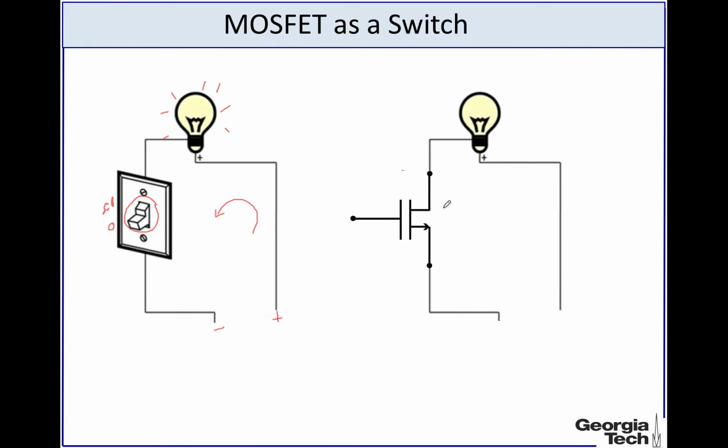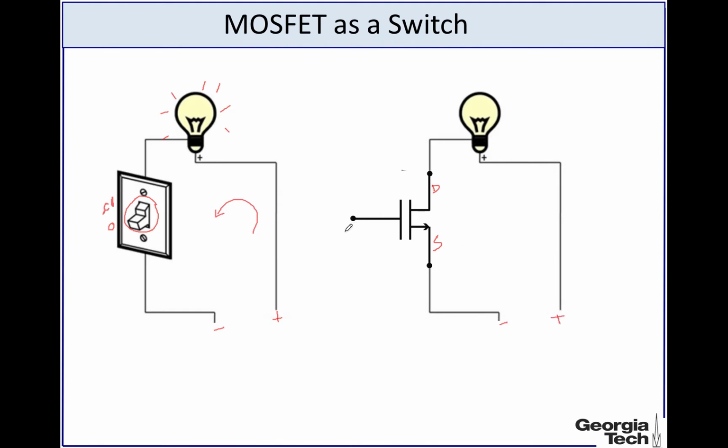Essentially, with a MOSFET, we want to do the same thing, just that whether between these two terminals, the drain and source, there is a high resistance or a low resistance or short will be determined by the gate voltage. So that's all we want to do.